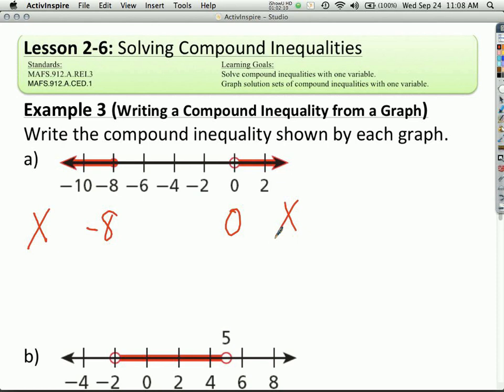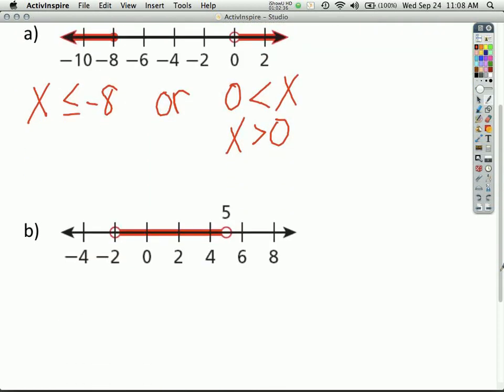Now put in the symbol. The x's are going to be less than or equal to -8. These x's are going to be greater than 0. And Marcus already told us that that's going to be an or. Now this one we just want to switch around so that it says x is greater than 0, but basically we're done.